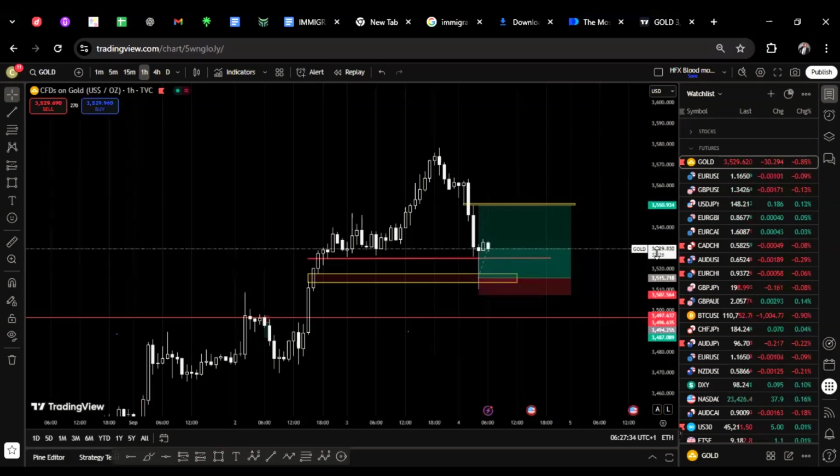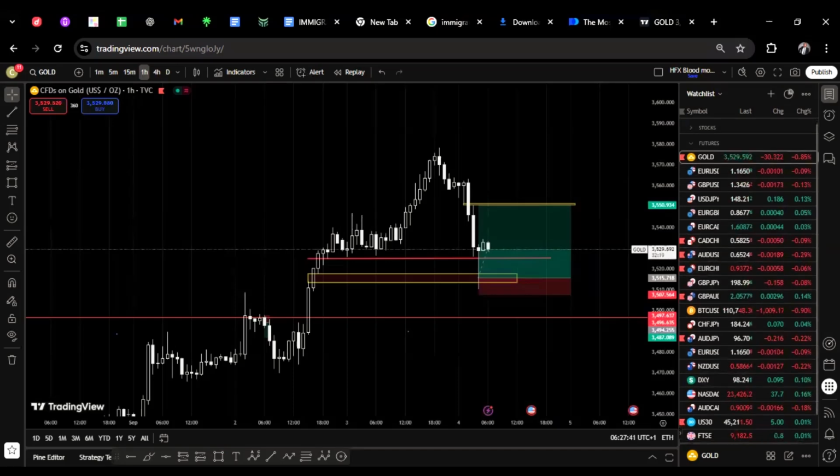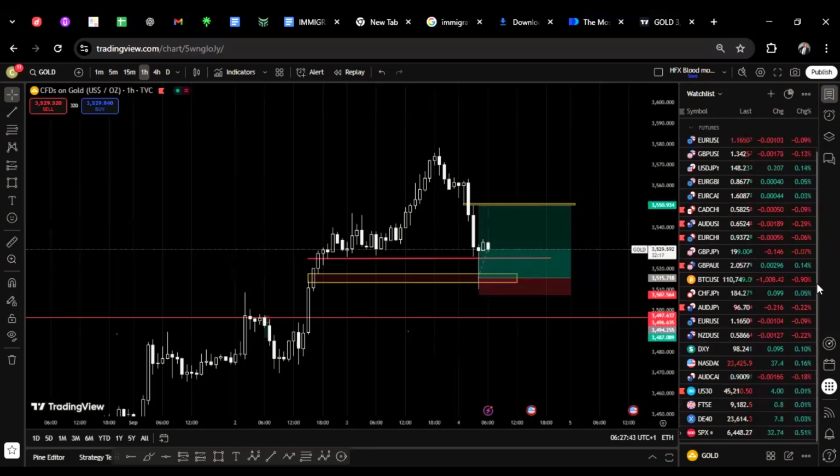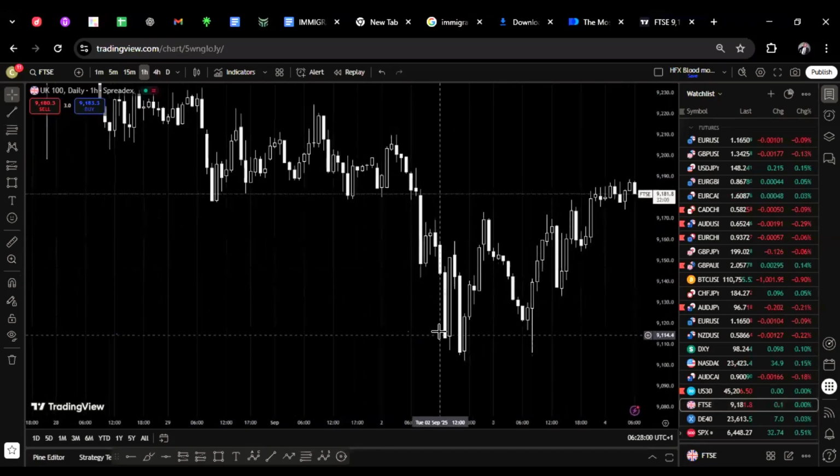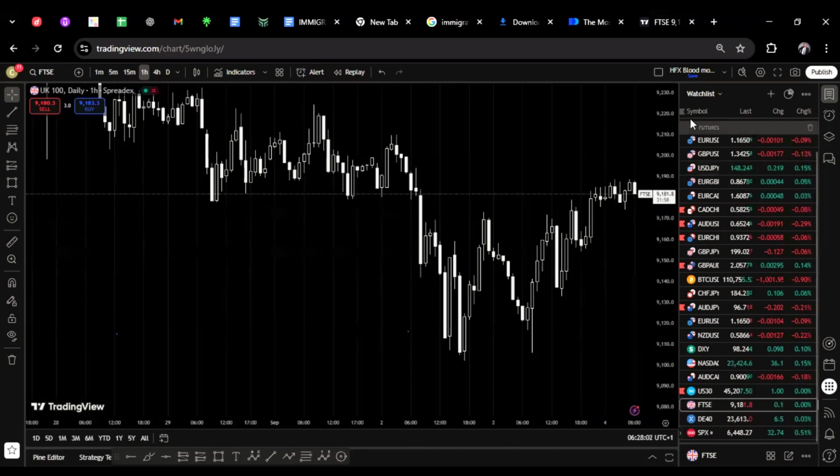Let's say the London session starts by 8 a.m. So let me show you some European indices, let's say the FTSE, a UK index, right? Same with the DAX, that is European as well. So let's check the FTSE. Let's check 8 a.m. yesterday.